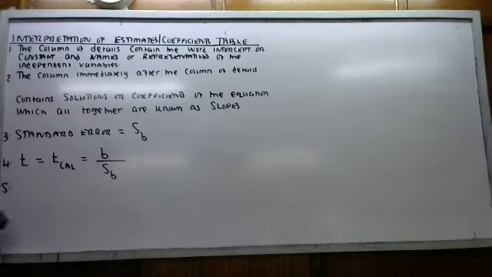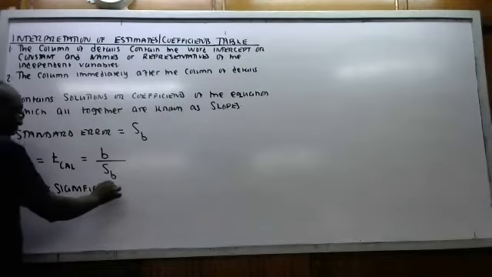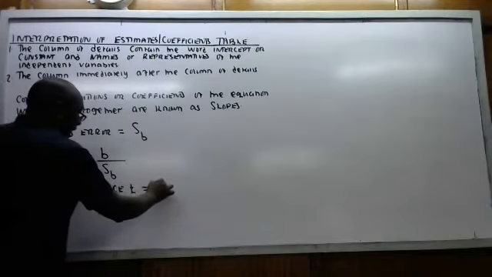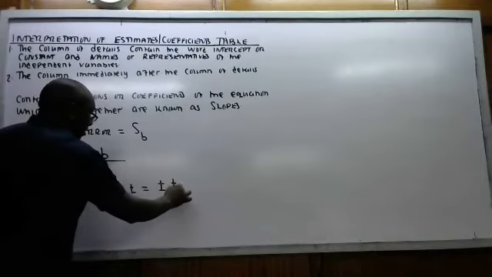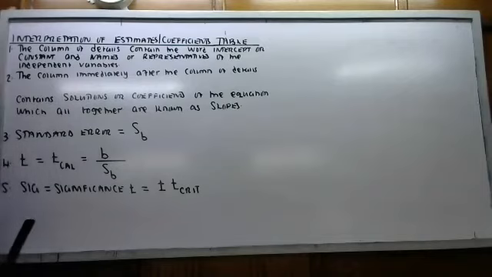Number 5, if you see sig or significance T, it is the plus or minus T critical.